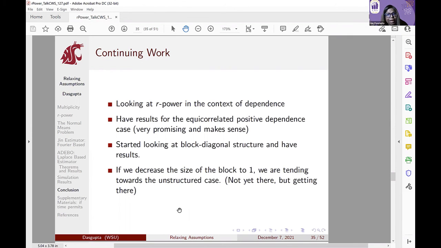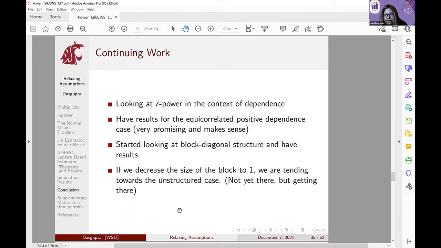Then we thought, why not look at it as a block diagonal? Instead of equicorrelated, it can be a block diagonal. Within the blocks, they are equicorrelated. Across the blocks, they are correlated differently, so each block can have a different correlation. The reason we did this is because there are some nice mathematical properties that work for block diagonal matrices.